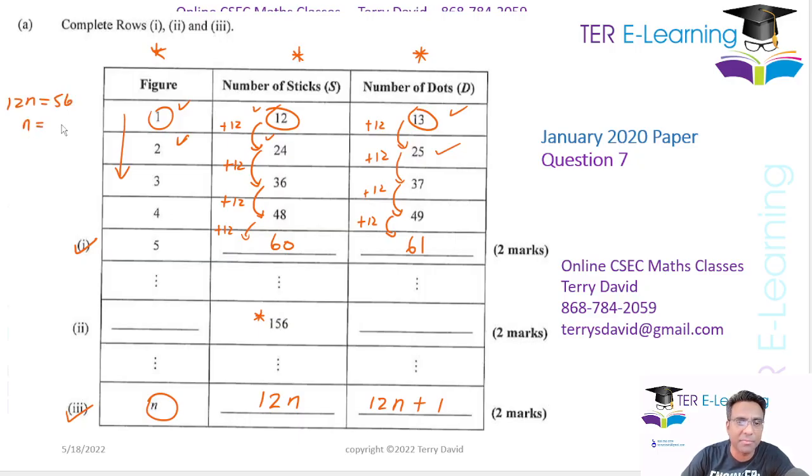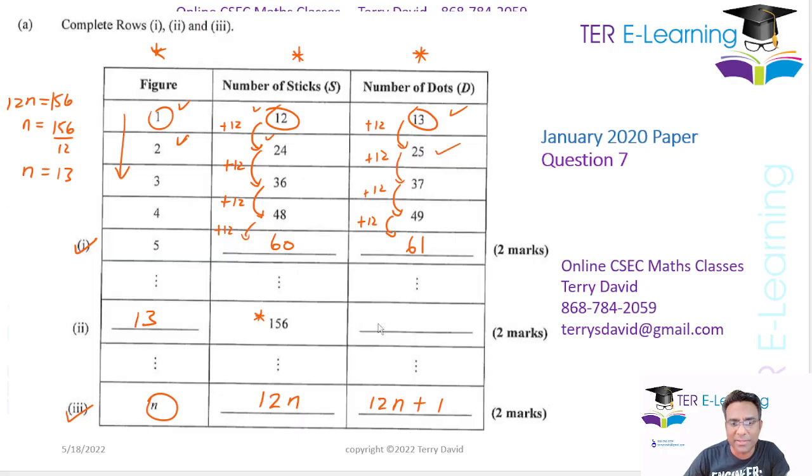Therefore, to figure out the figure number, we just need to take 156 and divide it by 12, and you're going to get 13. So this figure number is going to be 13.